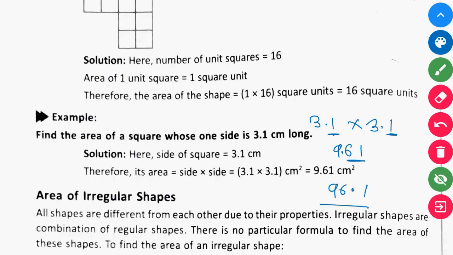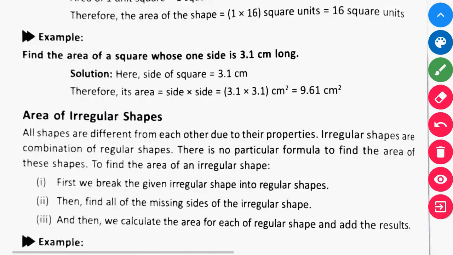Not here like this. You can assume that here only one number is after the decimal. Here also one number is after the decimal. So we can give the decimal after leaving one number. But no, this is wrong. It is multiplication. It is not addition. If addition is there, then you can say leave one place and give the decimal. But multiplication is there, so we have to consider both the numbers. So 2 digits we have to leave and give the decimal.